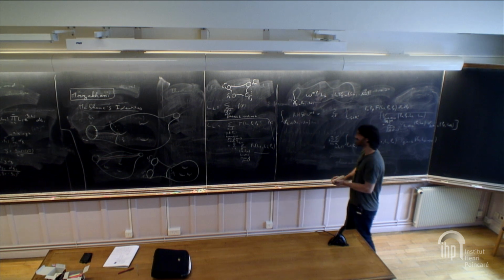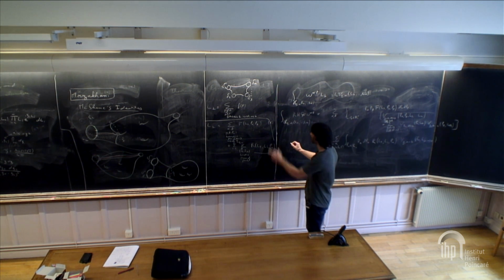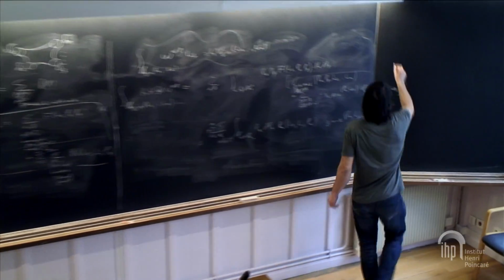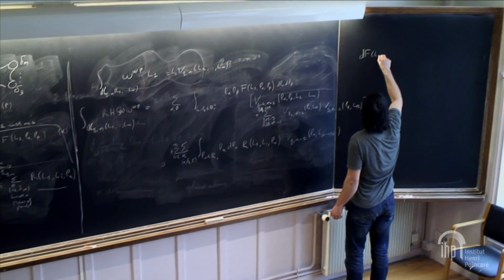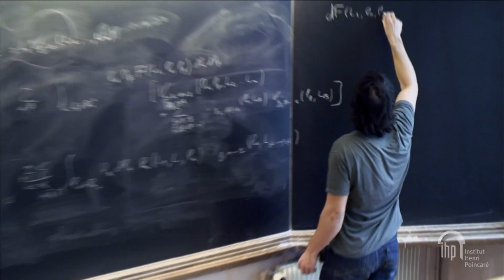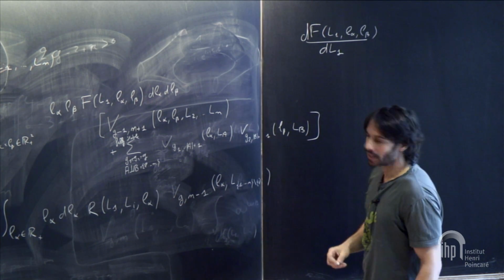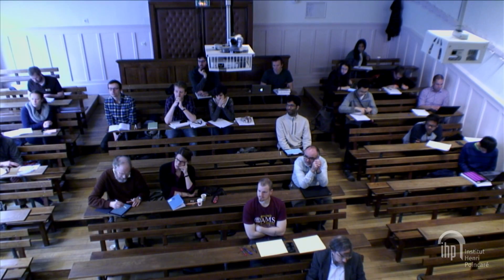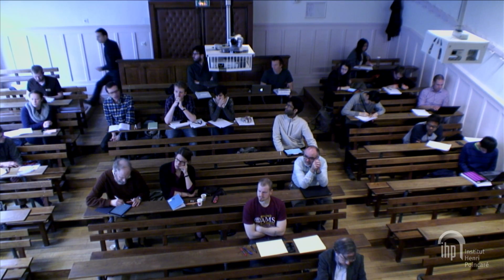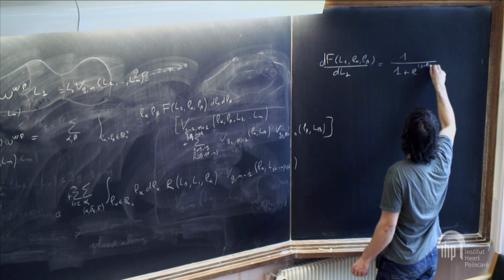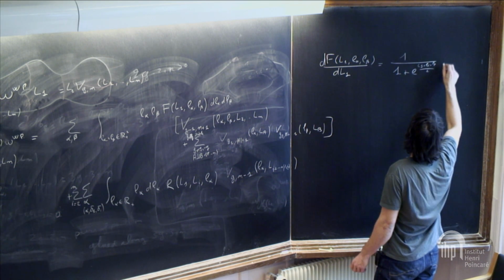I don't want to state too much. But basically, what is important is that if you compute df(L1, L alpha, L beta) over dL, it is a nice function. Here I'm not exactly sure of the formula. I think it's something like that, L1 minus L. Maybe somebody in the audience knows it by heart.